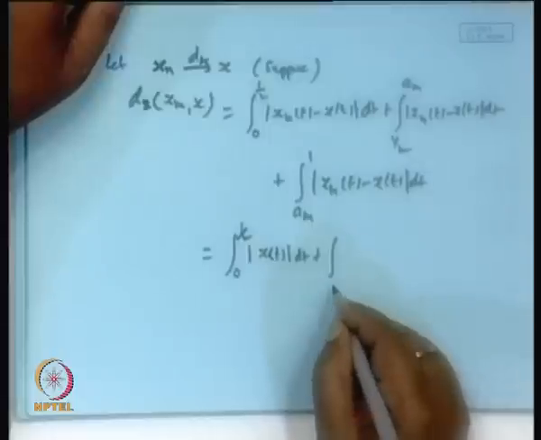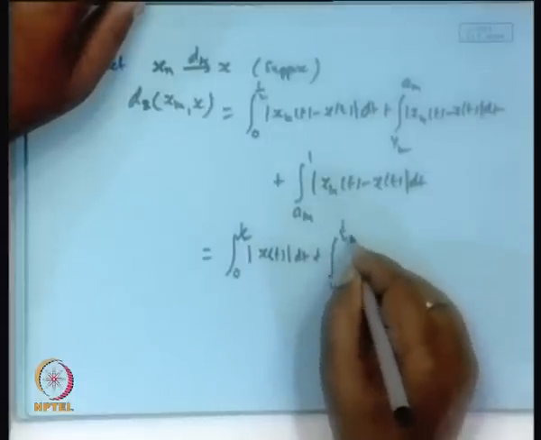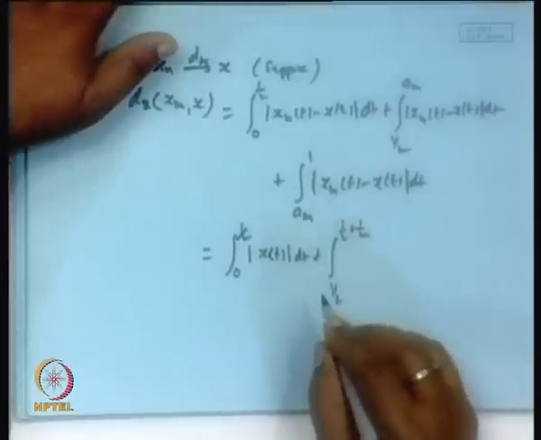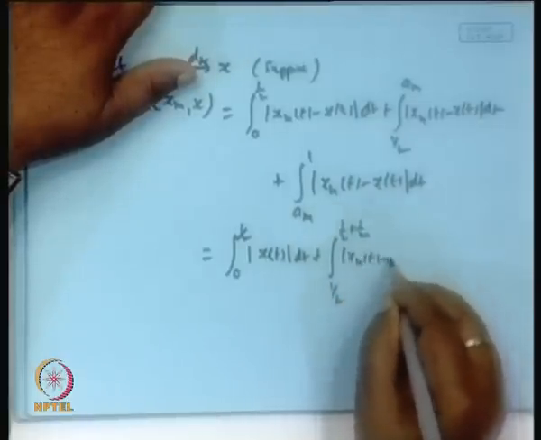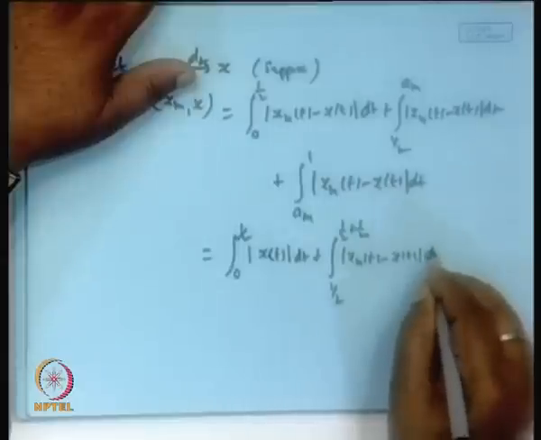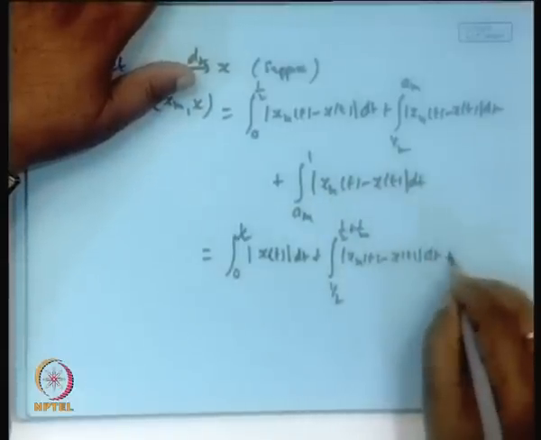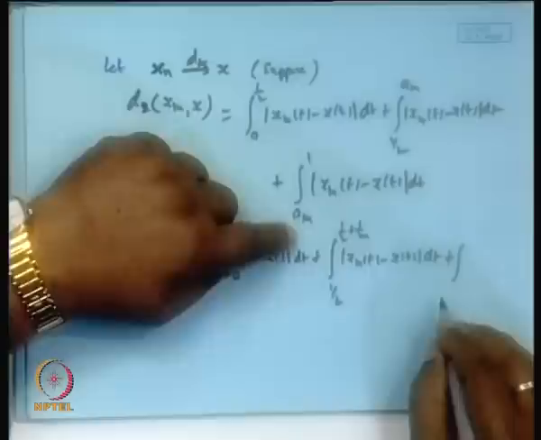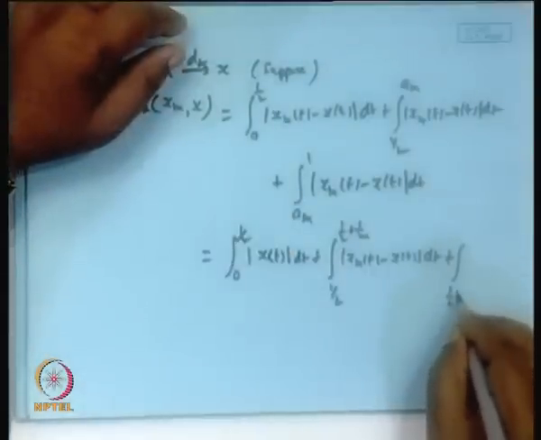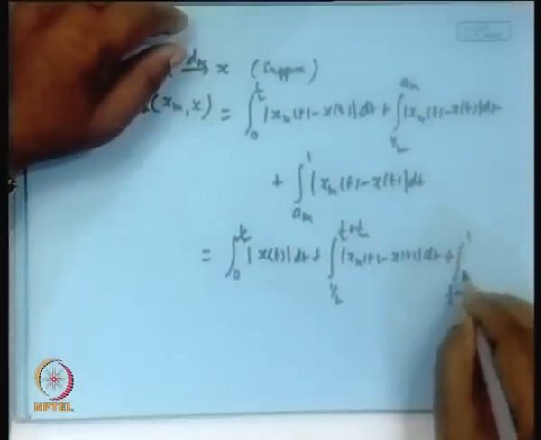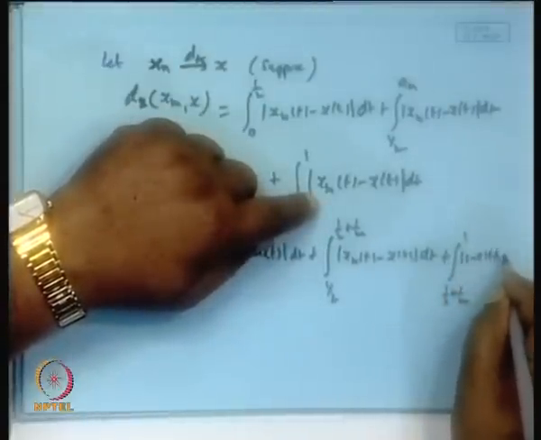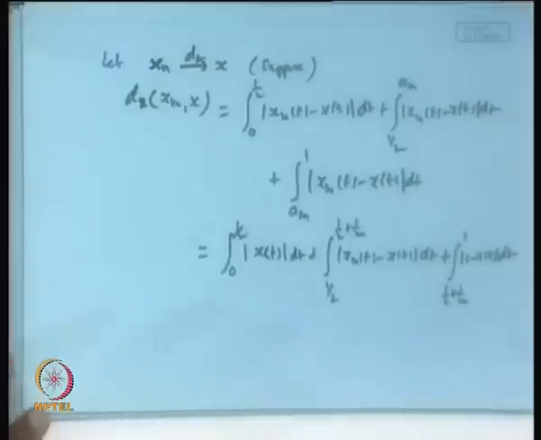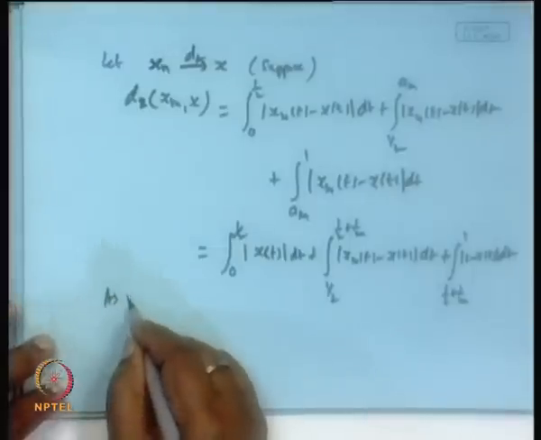Plus the integral from half to a_m, which is half plus 1 by m. Let it be like this, mod x_m(t) minus x(t) dt, I am not changing. And here a_m will be half plus 1 by m and 1, the value of x_m(t) is 1, so mod of 1 minus x(t) dt. Agreed?